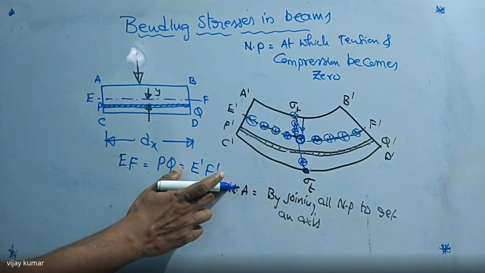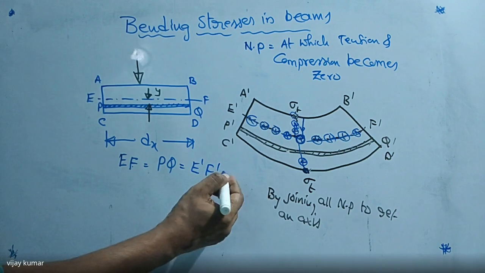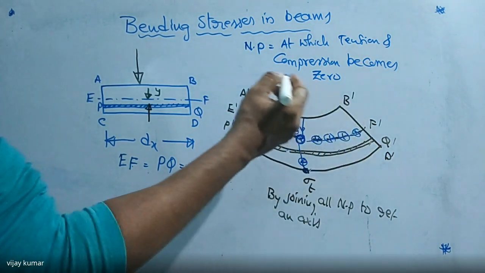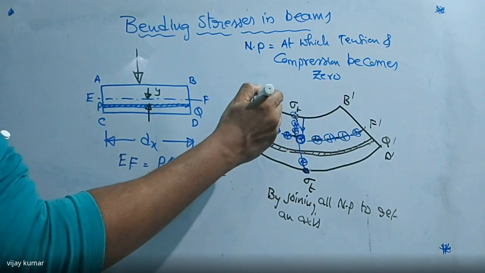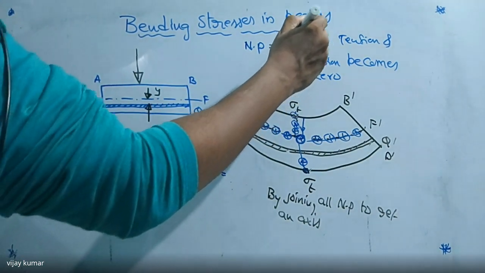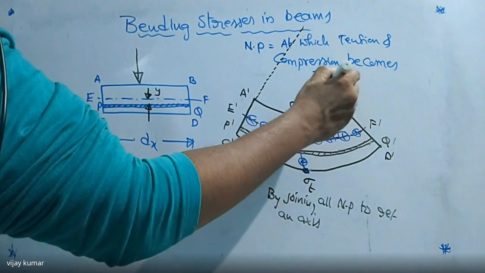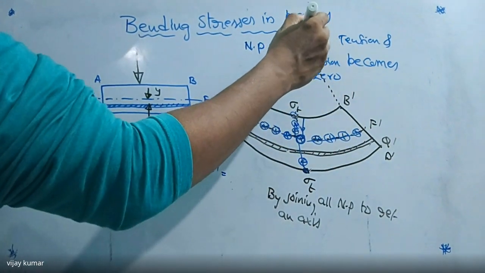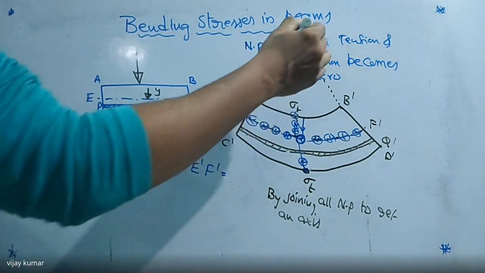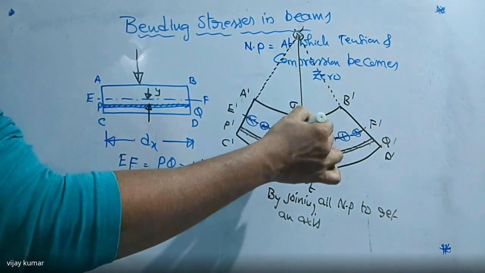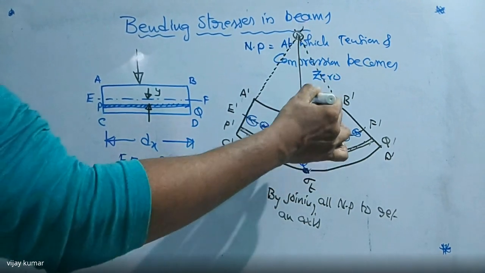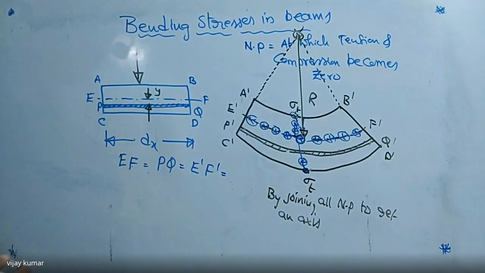What is E dash F dash here? E dash F dash is nothing but in the form of an arc. If you extend this line, these two lines intersect at this point, and the distance between this point and the neutral axis is named R. R is named the radius of curvature of the beam.